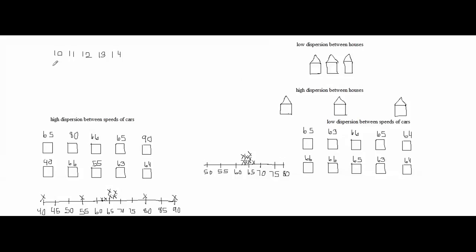First, let's talk about how the gap between each of these numbers is a gap of 1, because these two numbers are 1 apart, these two numbers are 1 apart, and all of the numbers are 1 apart.